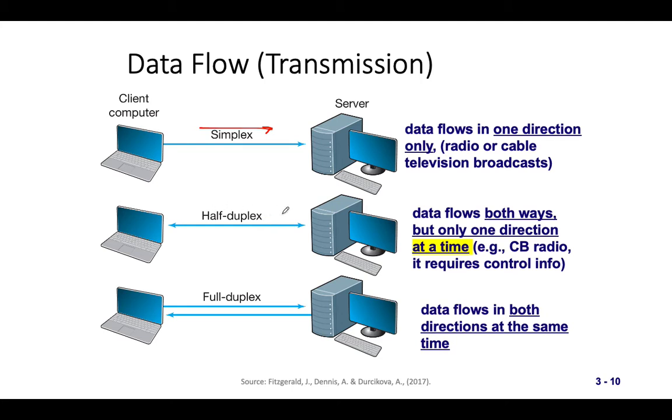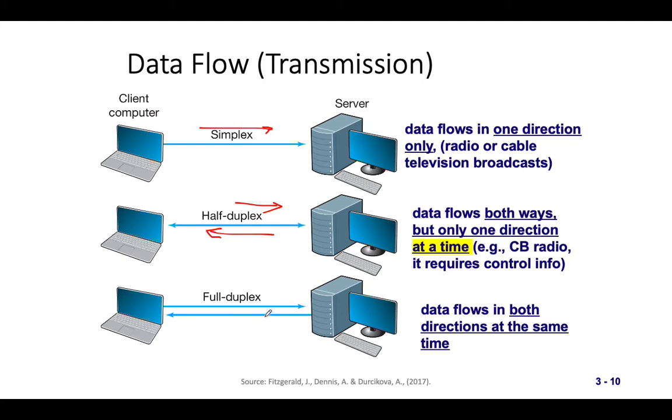So yes, I can go this way or that way, however one at a time. You can send this way, so the other one has to wait until you finish and then send. Half duplex means you can transmit in two directions, but one at a time.